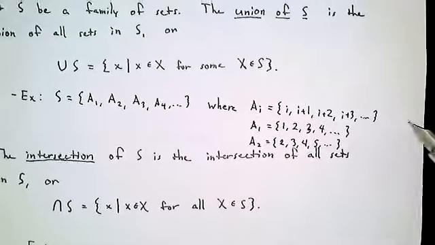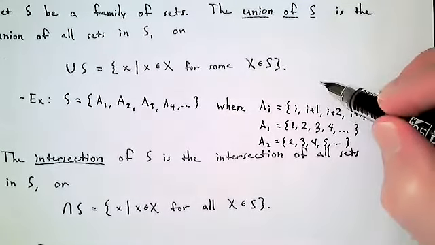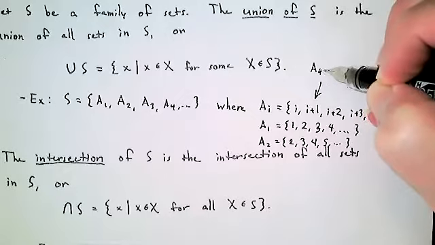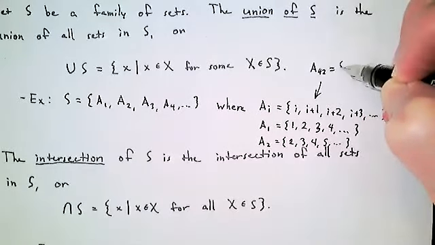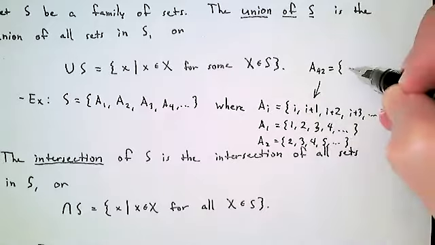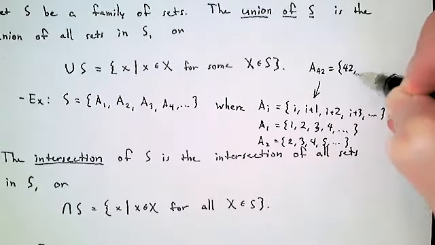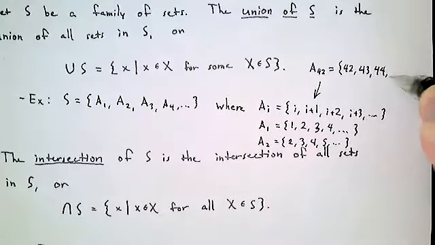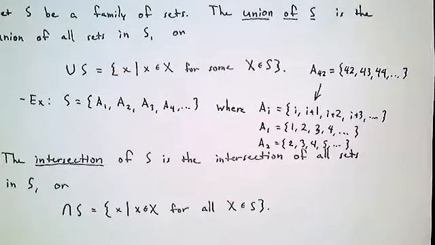Let's find a little bit more room, maybe up here. What would A42 be? It's the same idea. I start with 42 and just count upwards. So 42, 43, 44, off to infinity.